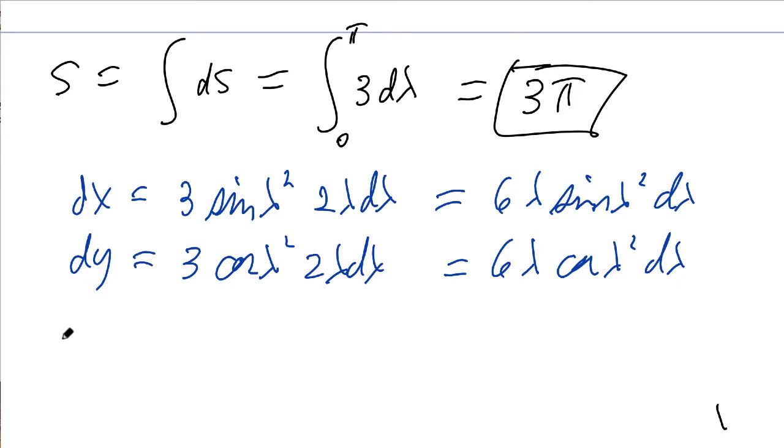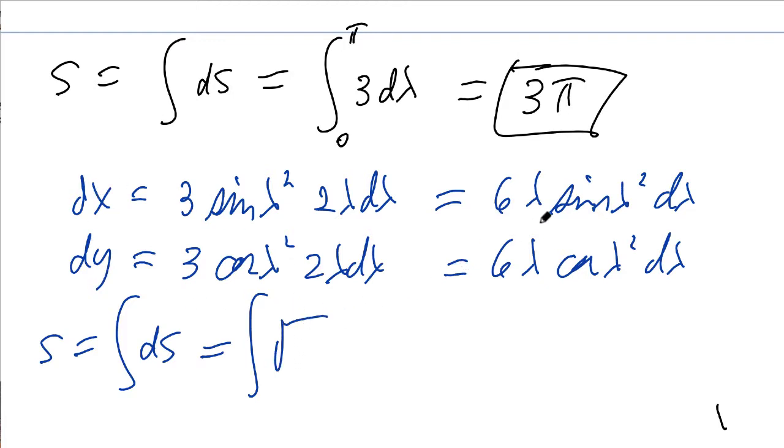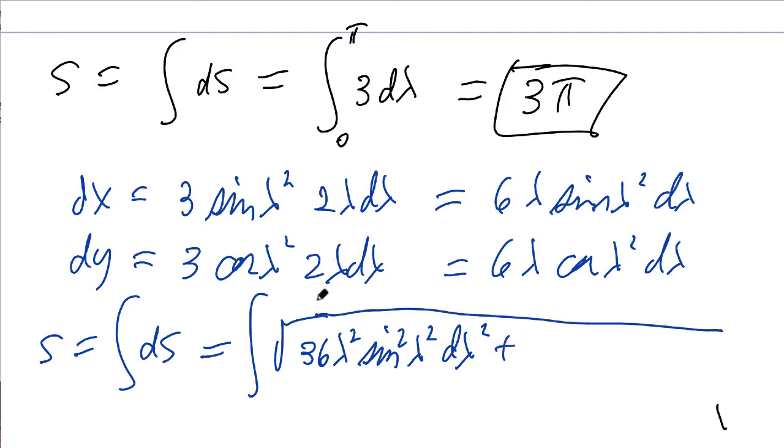And now we compute the distance s, which is the integral of ds. All right, so ds is just the square root of dx squared plus dy squared. So dx squared is 36 lambda squared times sine squared of lambda squared times d lambda squared. And dy squared is 36 lambda squared times cosine squared of lambda squared times d lambda squared.